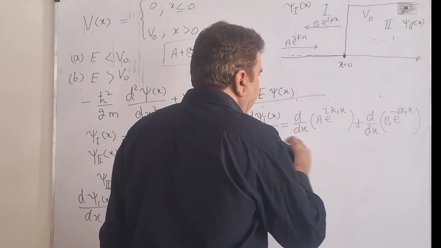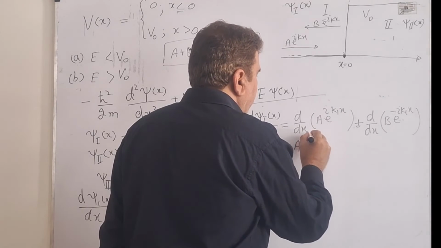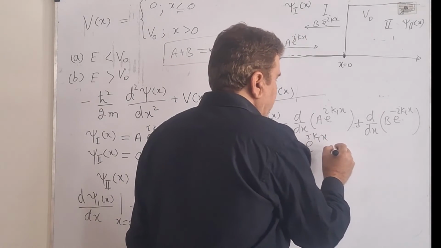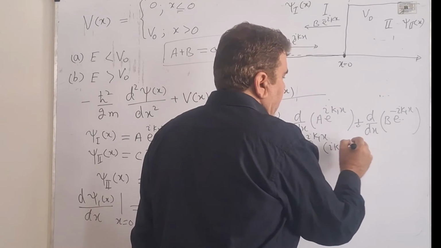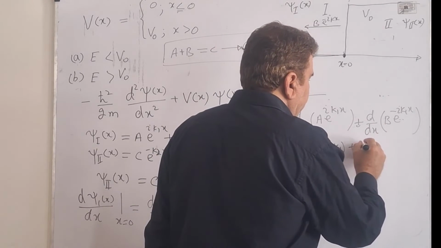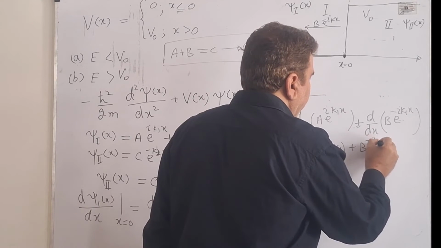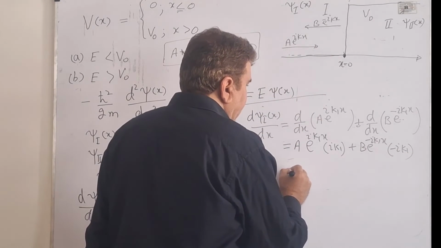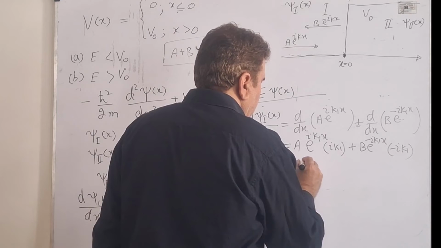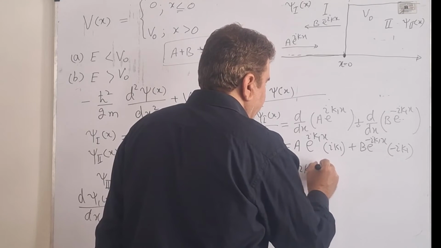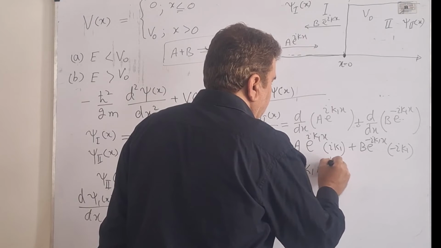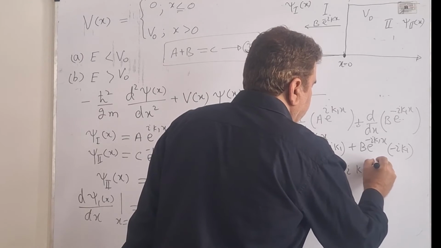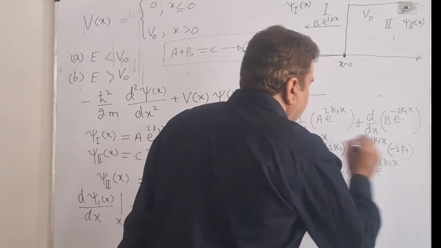So I can write this as a times the derivative of exponent iota k1x, and then the derivative of the argument gives me iota k1. From the second term, I get b times exponent minus iota k1x into minus iota k1. In other words, I can write this solution as iota k1 times a exponent iota k1x minus iota k1 times b exponent minus iota k1x.